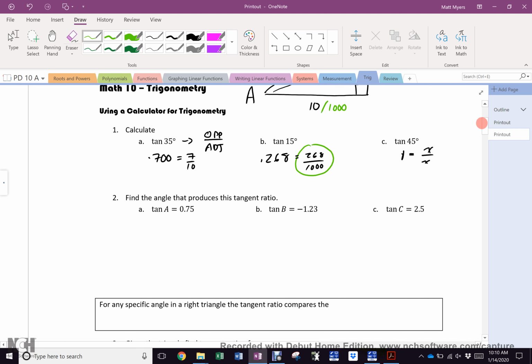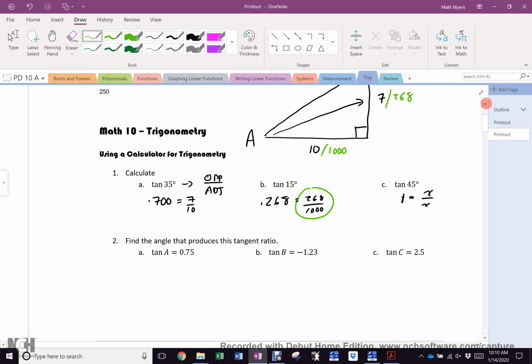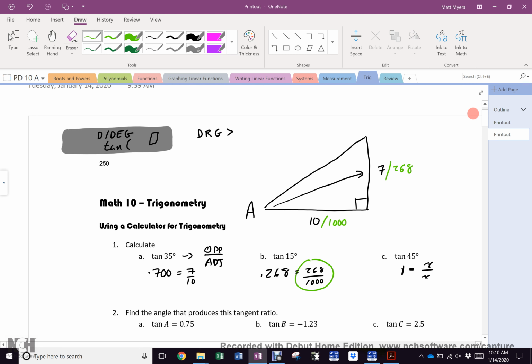Now, your calculator knows what these decimals are going to be. How does it know that? Because the length of the sides does not matter. The angle is all that matters.